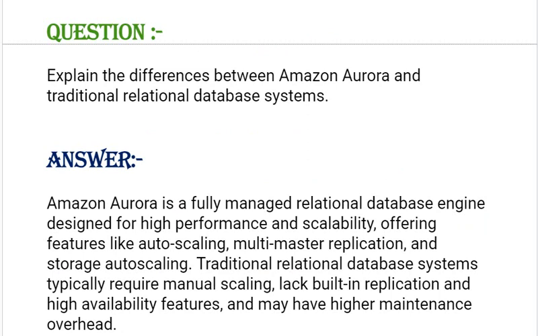Our interview question based on AWS SAP is: explain the differences between Amazon Aurora and traditional relational database systems. Your answer should be: Amazon Aurora is a fully managed relational database engine designed for high performance and scalability, offering features like auto-scaling, multi-master replication, and storage auto-scaling.